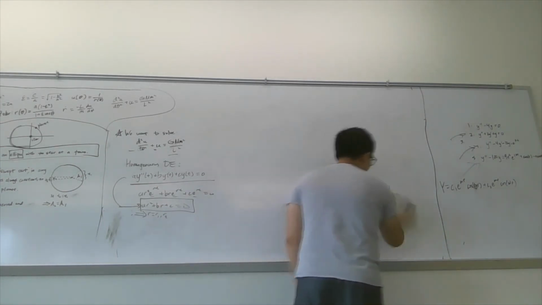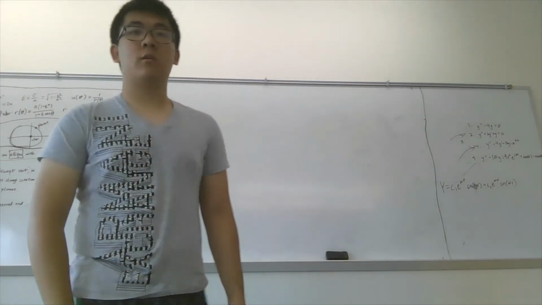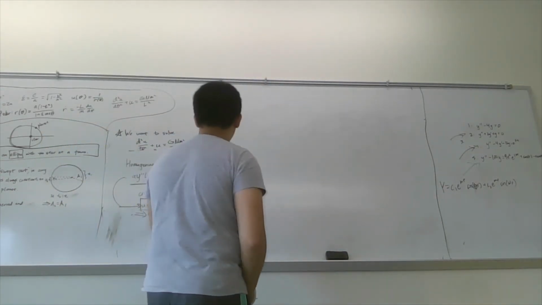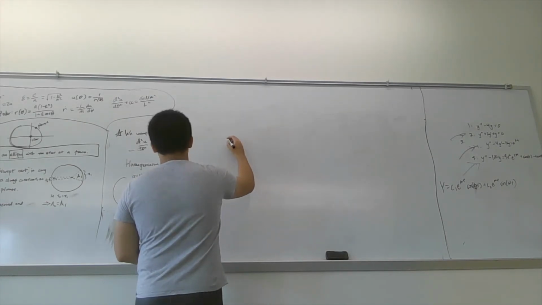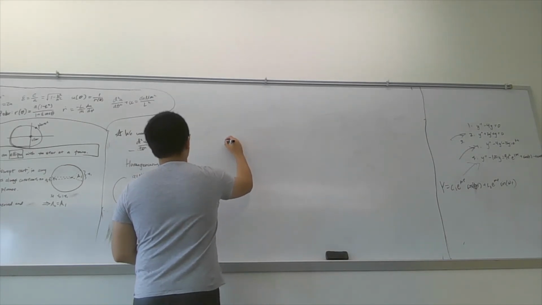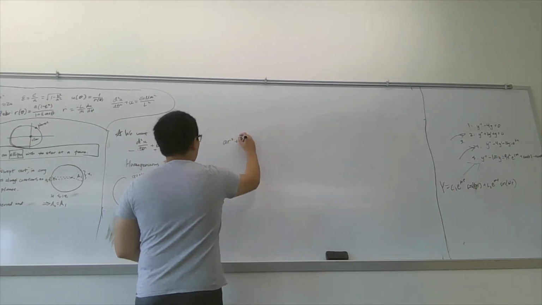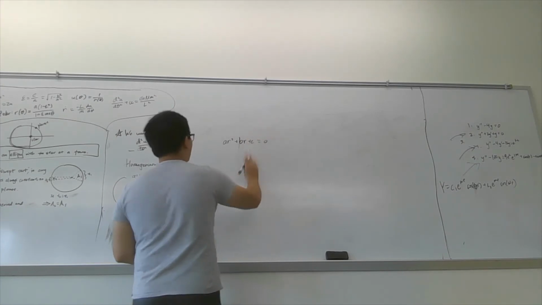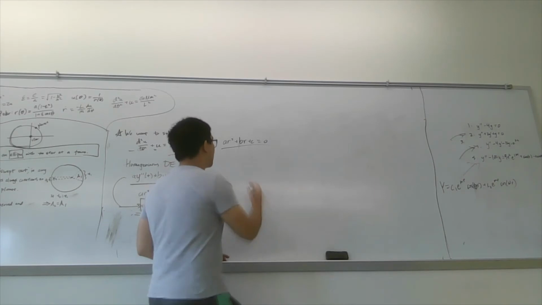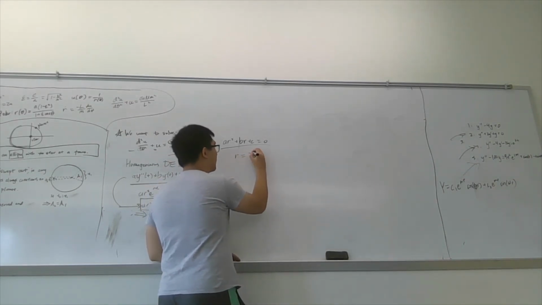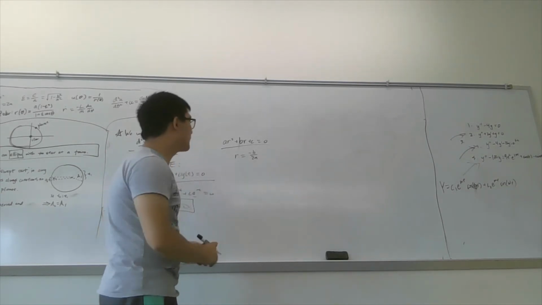So now we have to talk about the final case. That is the case where we only get one real solution, or when the discriminant is equal to 0. And in this case, our characteristic polynomial will be this, and therefore, since the discriminant equals 0, the only solution for r is negative b over 2a, of course.